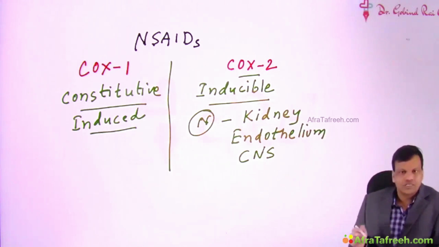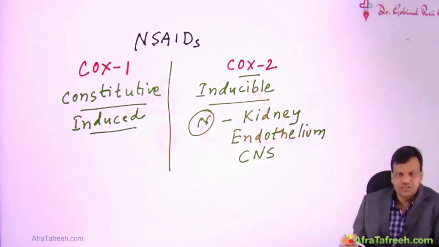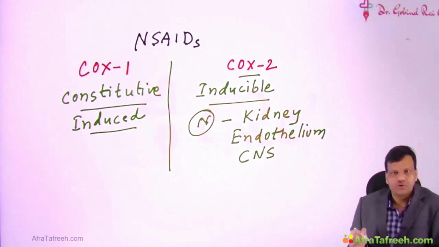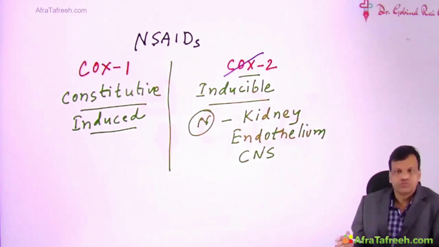The basic concept remains the same, that COX-1 does most of the good functions, whereas COX-2 does mostly inflammation. So if we want to treat inflammation, we would like to inhibit COX-2. So we initially developed drugs which were non-selective COX inhibitors that can inhibit both COX-1 and COX-2.